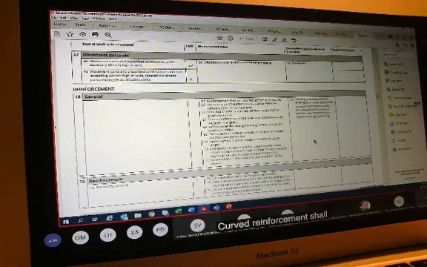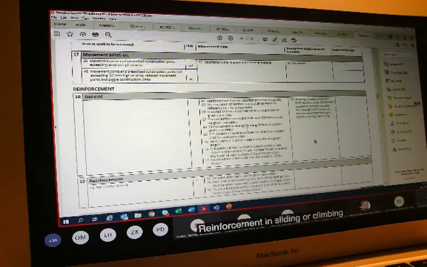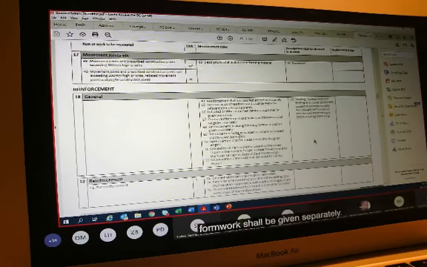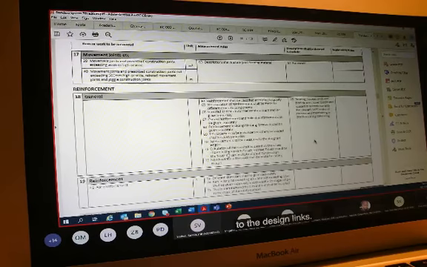Then it tells us further on, bending, hooked ends, binding wire, cover blocks, and spacers in accordance with the relevant SABS codes of practice and maintaining the position during concreting, shall be deemed to be included in my description. No separation of reinforcement shall be made for different concrete components. Indented or any other deformed reinforcement shall be given separately.